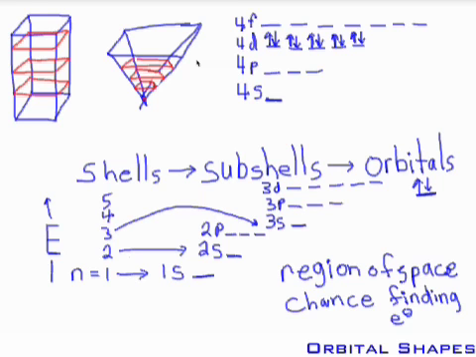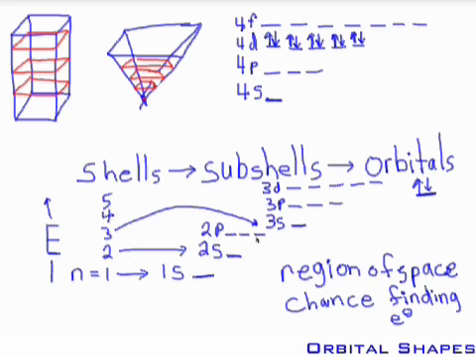Now, the next thing we do want to talk about is what these orbitals look like. It turns out that all of these orbitals are calculated from the wave functions of the electrons, and we're going to discuss this a little later on. Suffice to say that if we take the square of the wave function, we actually get the probability distribution of finding the electron. We can plot that as a map.